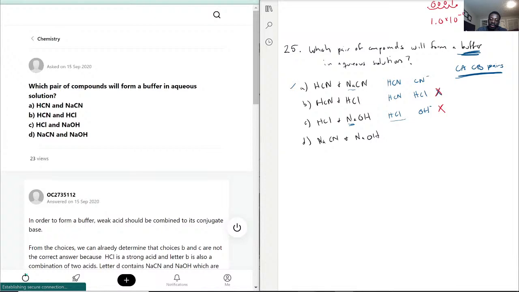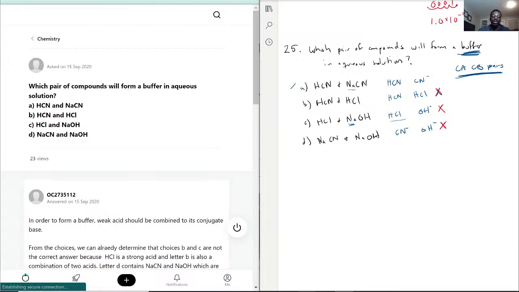And now NaCN and NaOH. Okay, so we have CN minus and OH minus. These actually are both bases, so right away we kind of already get an answer, but we can't just assume yet because there's a possibility that none of them are the correct answer, although I highly doubt that's the case.